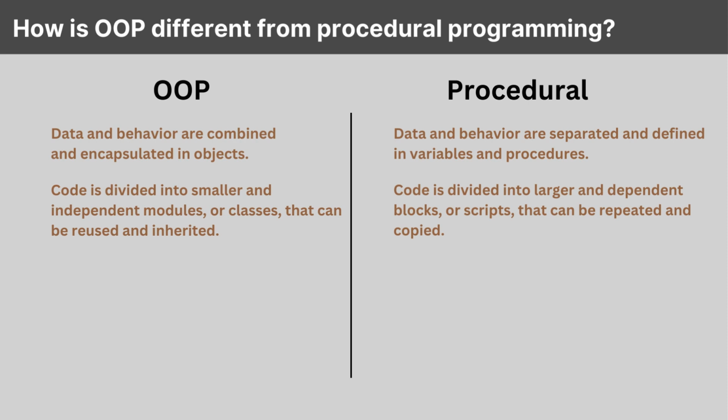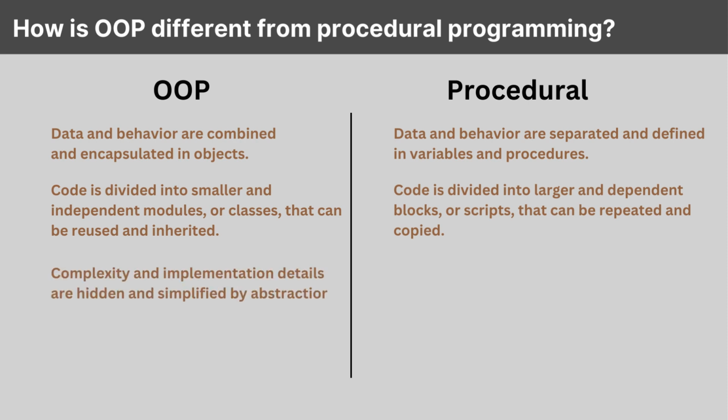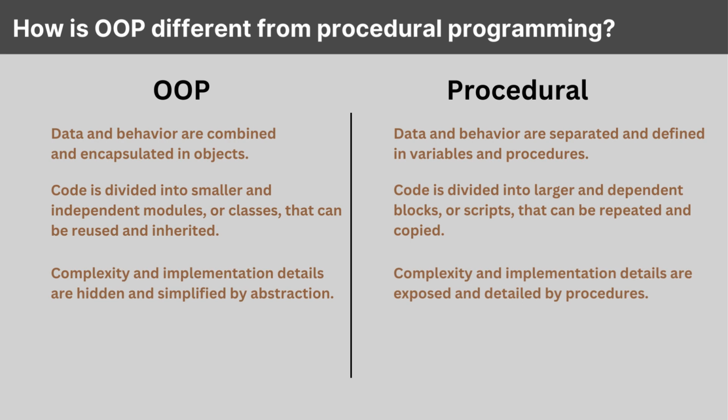And then we have abstraction and complexity. In OOP, complexity and implementation details are hidden and simplified by abstraction, whereas in procedural programming, complexity and implementation details are exposed and detailed by procedures.